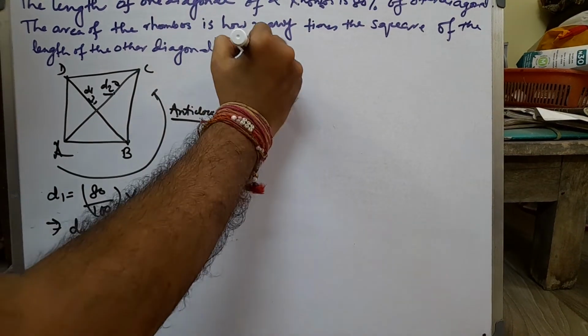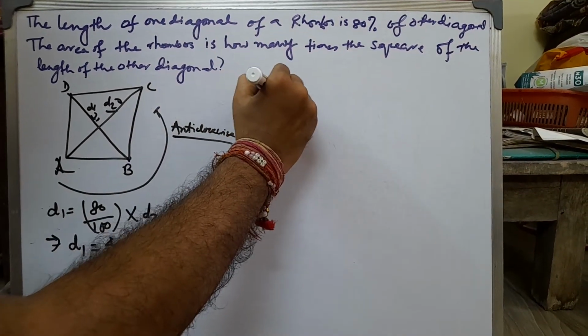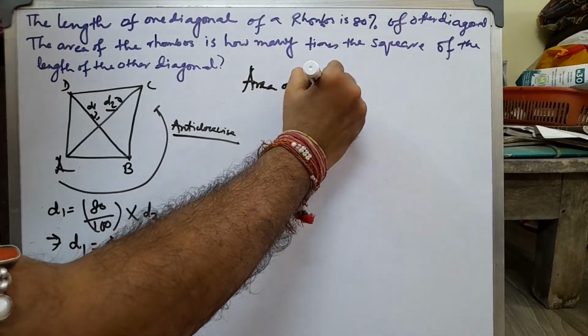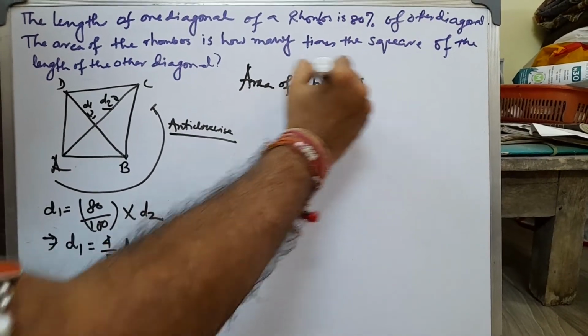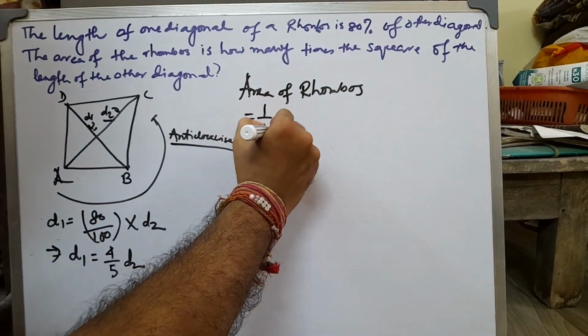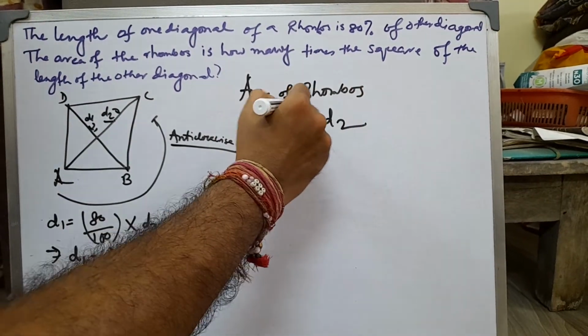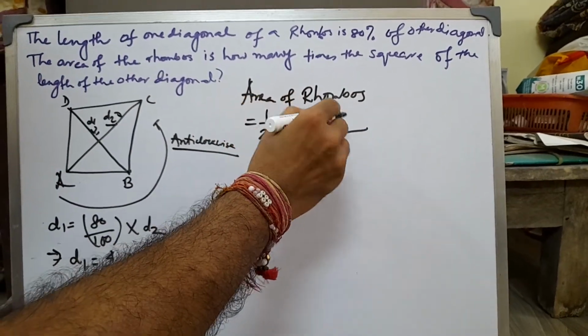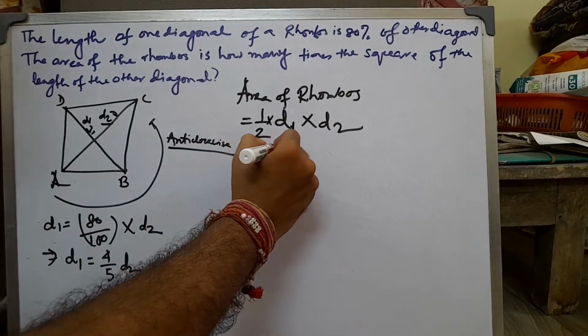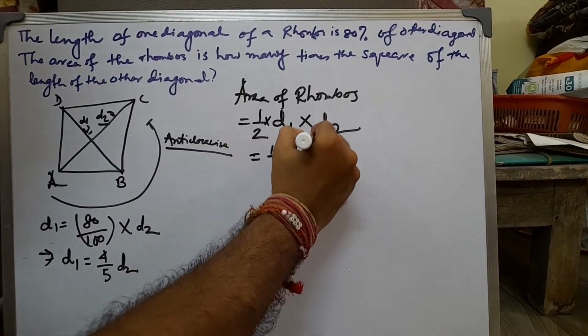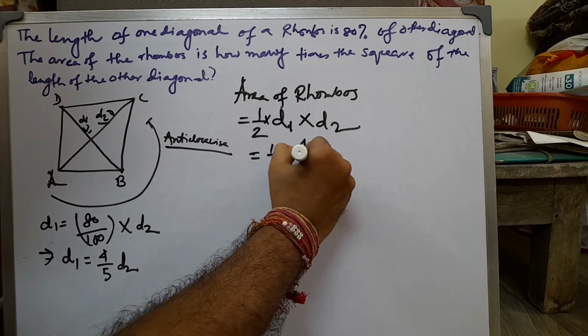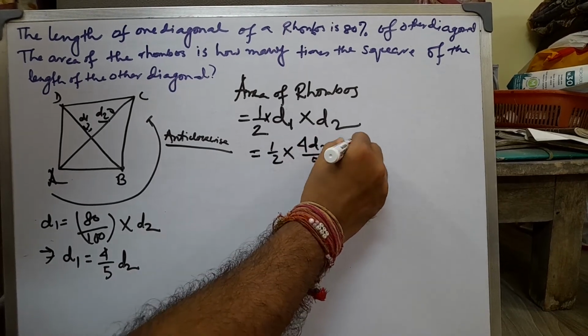And the formula for the area of a rhombus is half of D1 into D2, half of the multiplication of both diagonals. So half of D1 into D2 is equal to half into 4 D2 by 5 into D2.